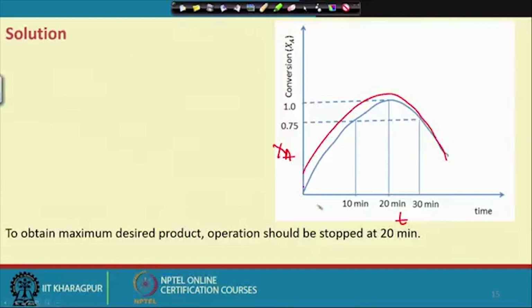That means that at 10 minutes time you have 75% conversion, at 20 minutes time 100% conversion, but at 30 minutes, as per the calculation, it is coming back to 75% as per our equation.